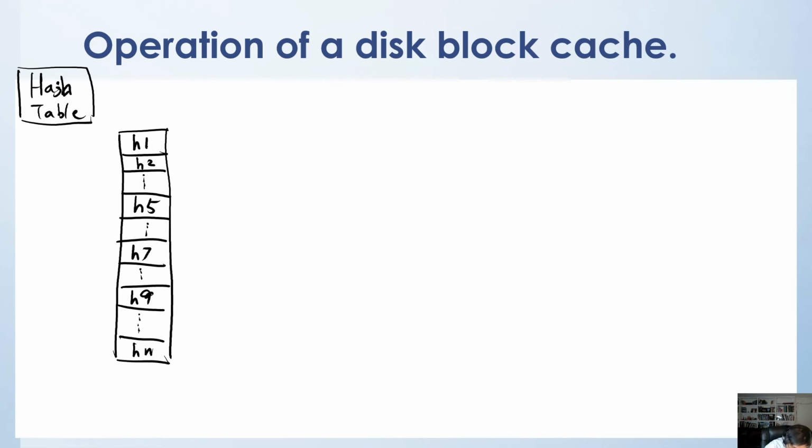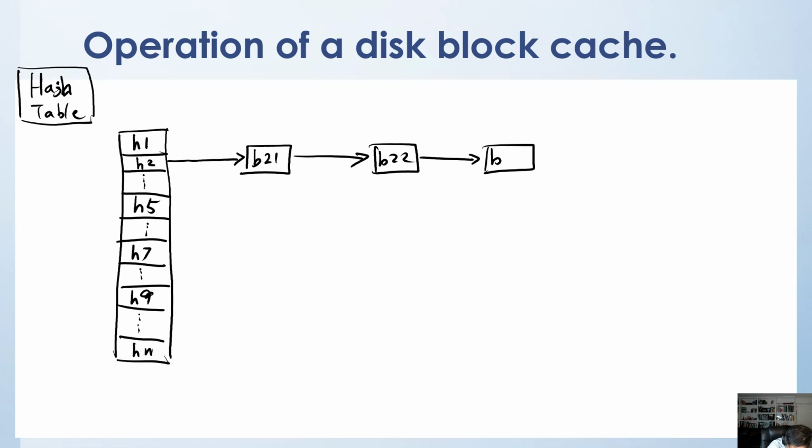For example, the blocks with the hash value H2 will be on that list, like B21, B22, and B23. These blocks have the same hash value H2. Here's the block with hash value H5, B51.